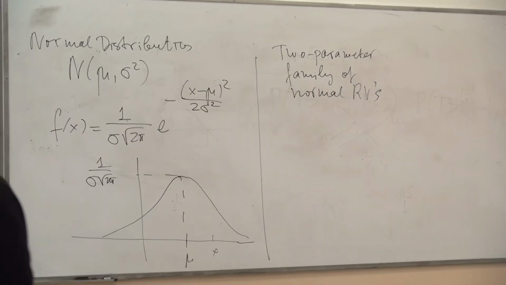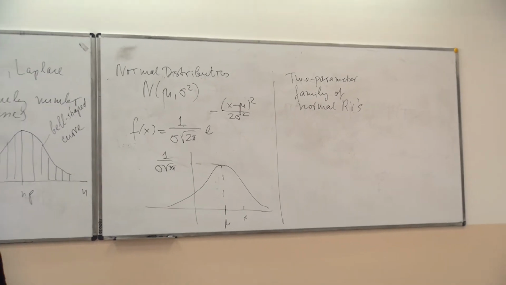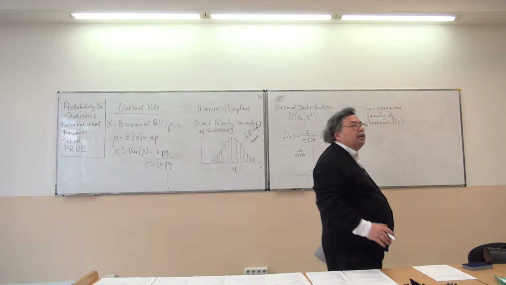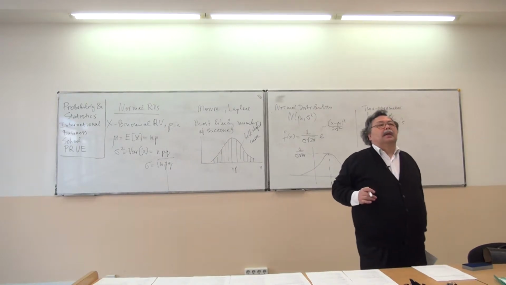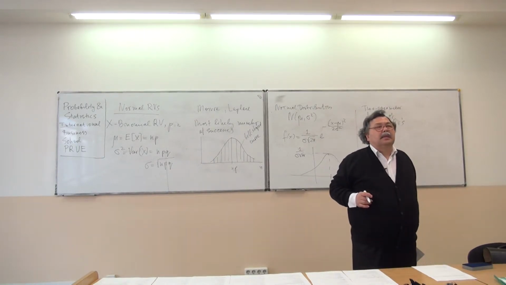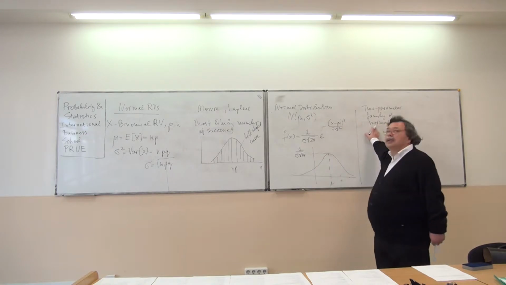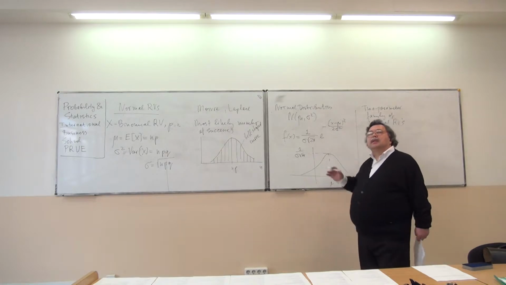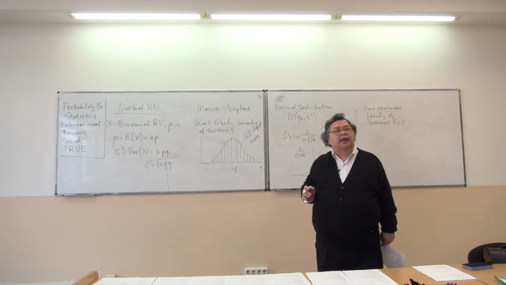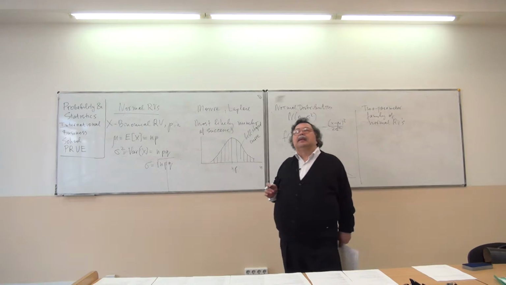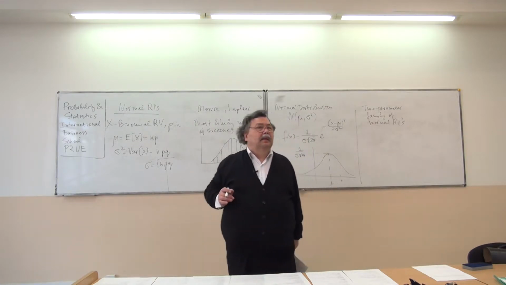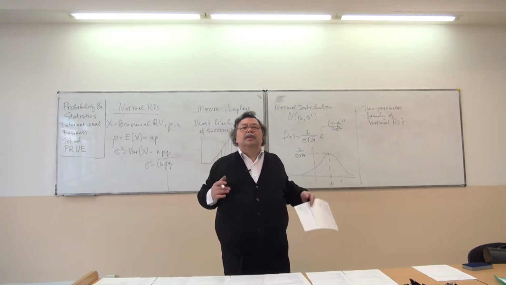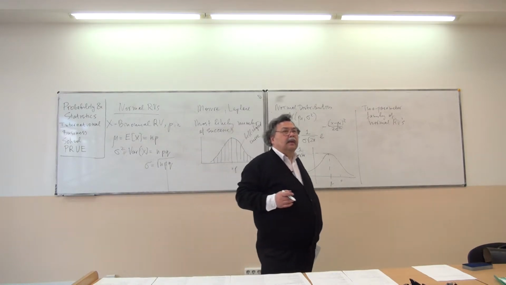But a much more important observation is this. Actually, this infinite set, the various normal distributions in this two-parameter family are not really very different. Actually, they all can be converted into just one random variable.